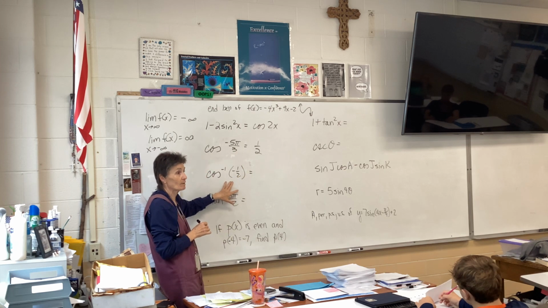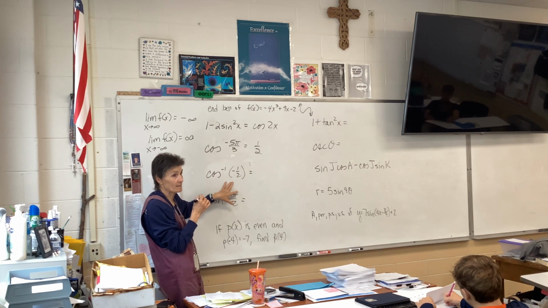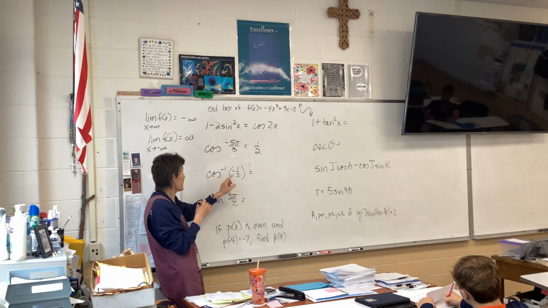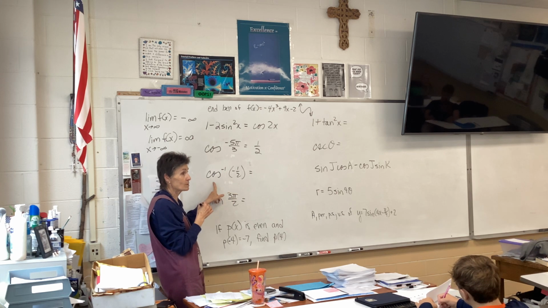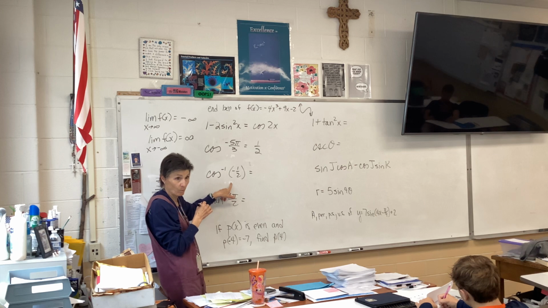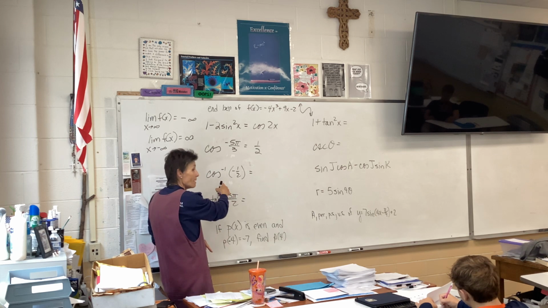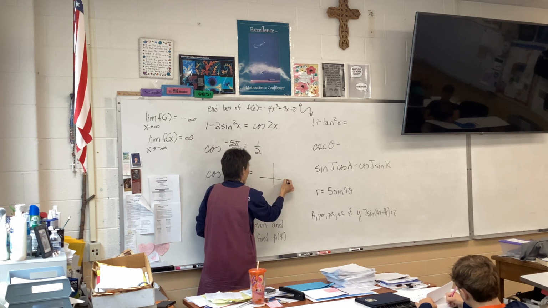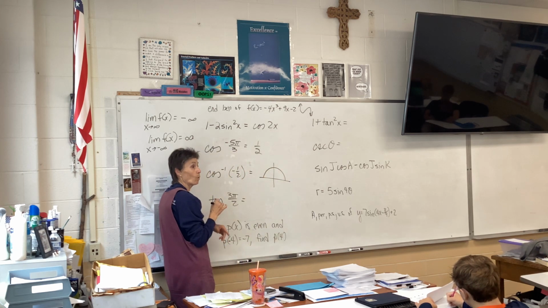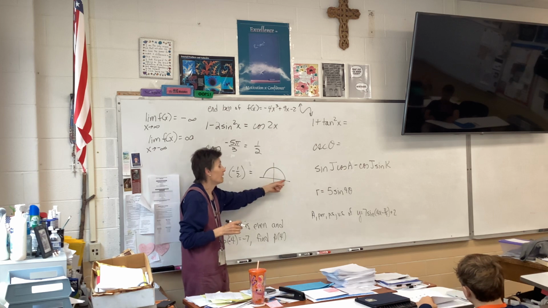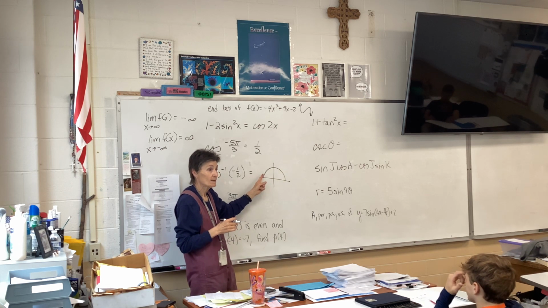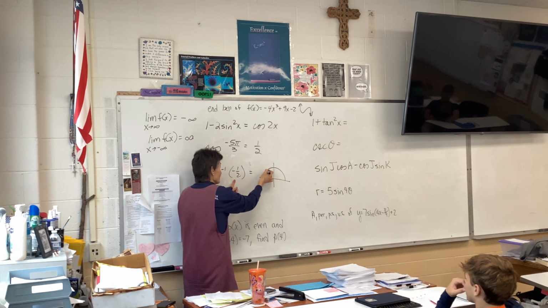Now be careful here. What is this one asking me for? The angle whose cosine is negative 1/2. We have to remember that inverse cosines only exist up here. So if the cosine is negative, it's got to be here.